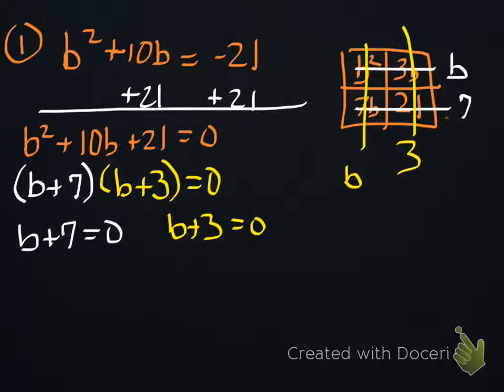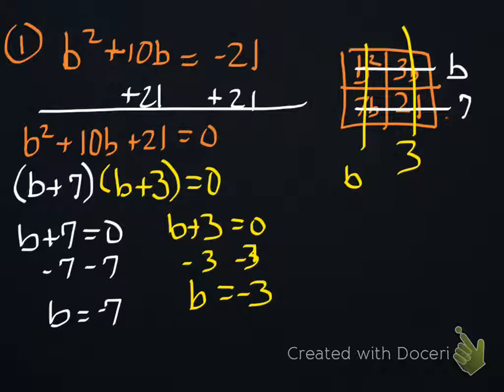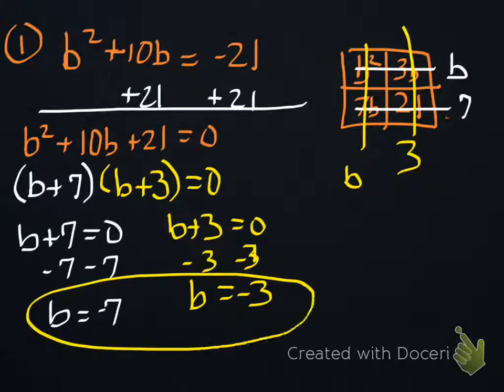If b plus 7 was 0, then b would have to be negative 7. If b plus 3 was 0, that's only going to occur when it's at negative 3. So those are my two solutions. It's either at negative 7 or negative 3.